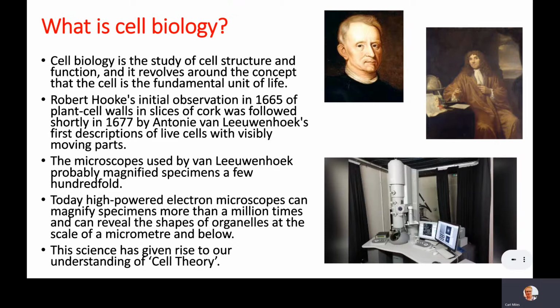So with that in mind, then we come to a topic that you're familiar with during your course, and we refer to as cell theory. So what is this thing called cell theory?